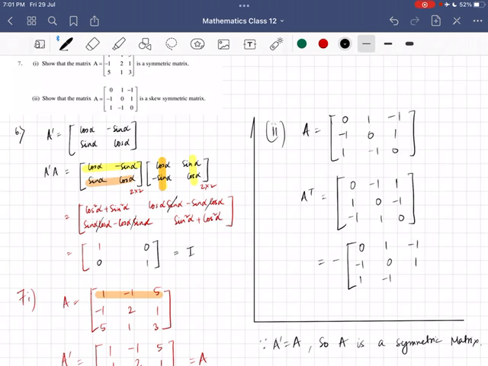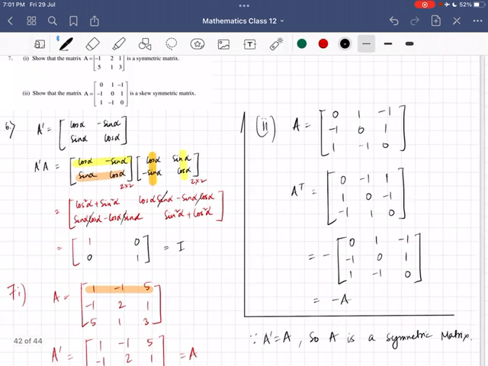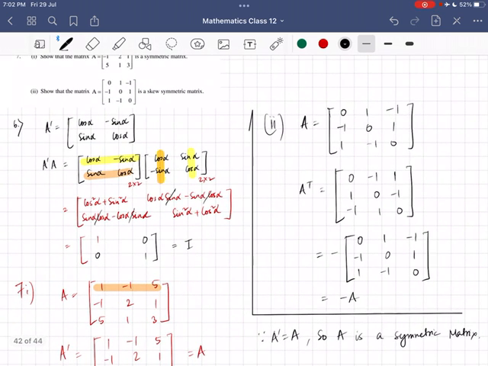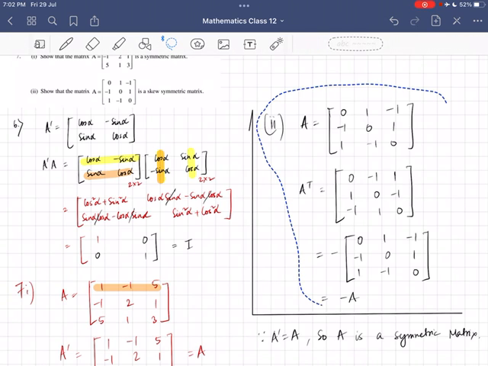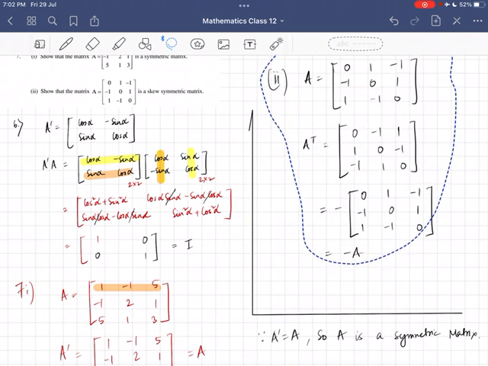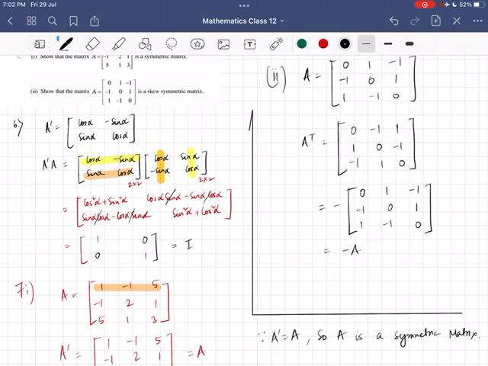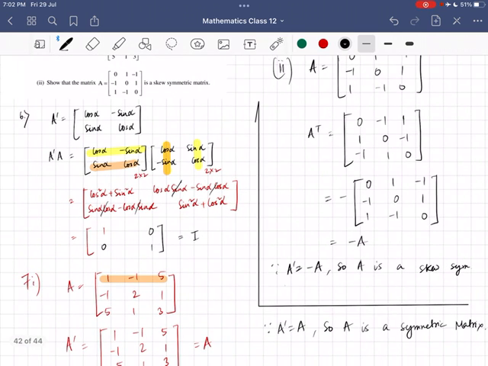Now if we compare with A, you will get this one as minus A. And then we're going to write, since A transpose is equal to minus A, so A is a skew symmetric matrix. So this is how we prove whether a matrix is a symmetric or skew symmetric matrix.